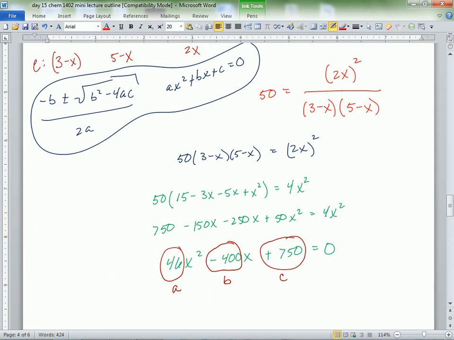Okay, so what I did, I had two choices. I can bring all this stuff on this side or bring this guy over here. So I just add negative 4x squared to both sides. So 50 and a negative 4 would be 46. Two x, right? So 2x times 2x.